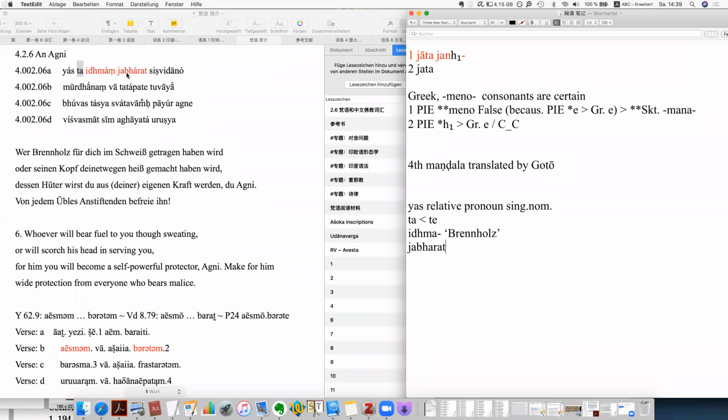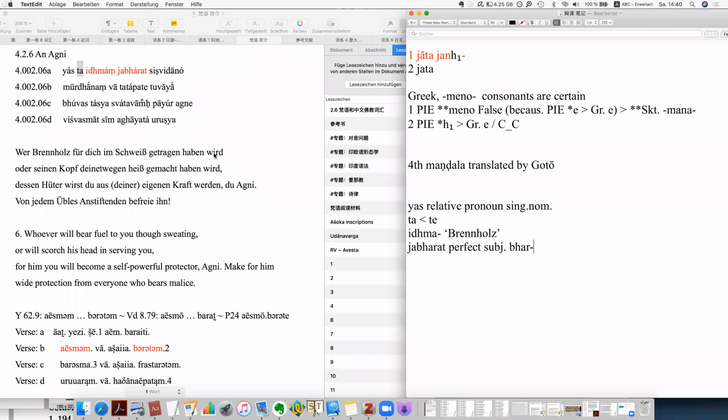So this comes from the, I think it's subjunctive. Jabarat. So it's from the perfect subjunctive of bar. Okay. So perfect haben, getragen.